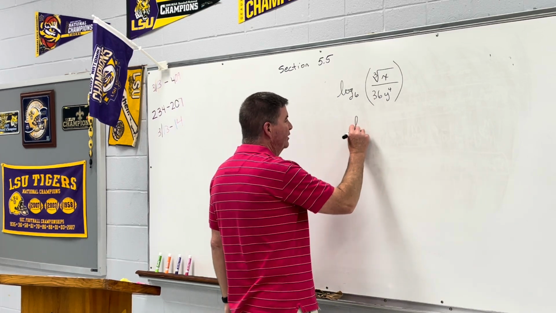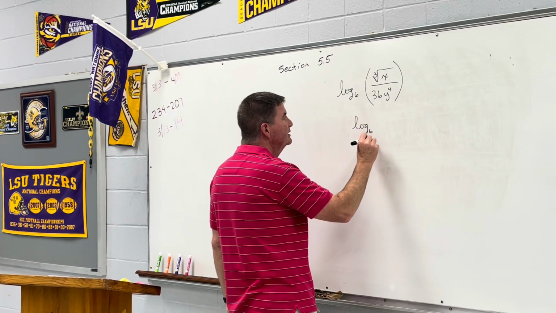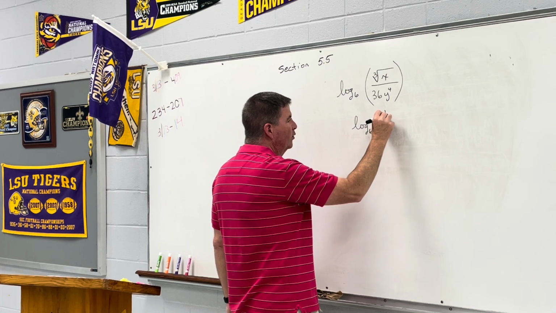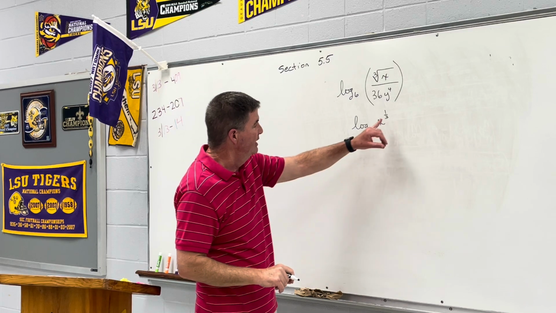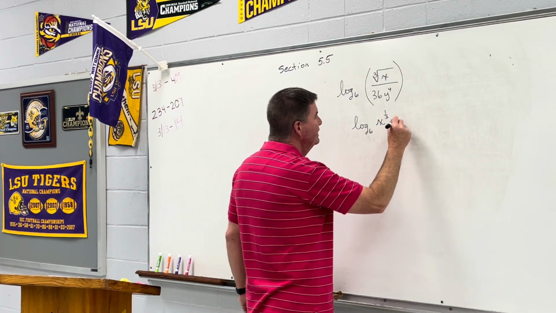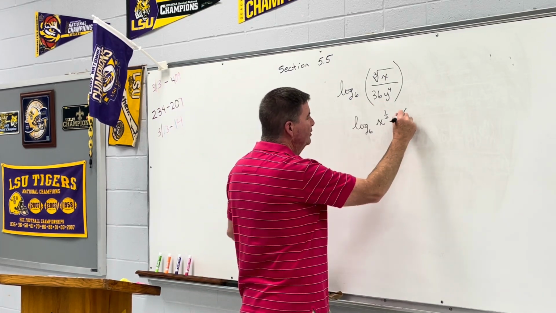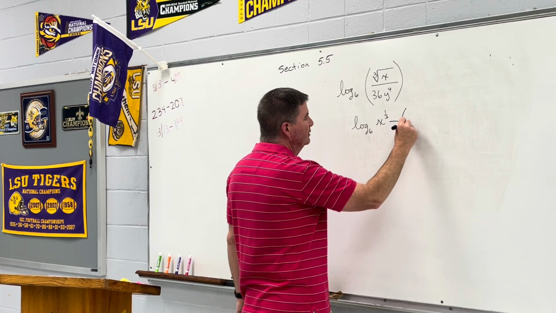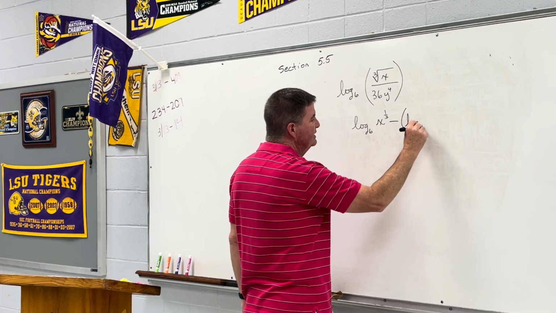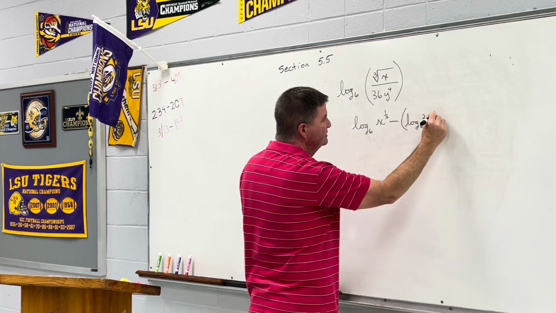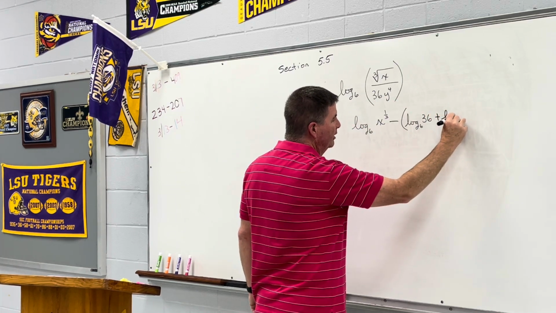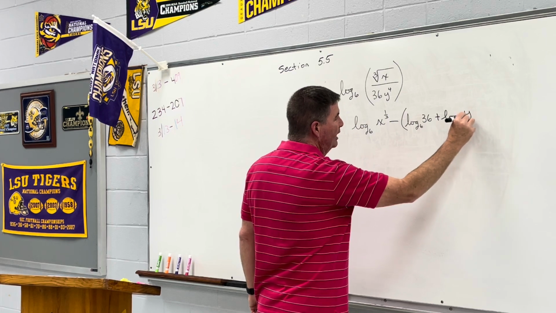So we're going to have log base 6 of x to the 1/3 power, since it's the cube root of x, we're going to write it as an exponent, minus this whole thing, which is what? Log base 6 of 36, these are multiplied together, so plus log base 6 of y to the 4th.